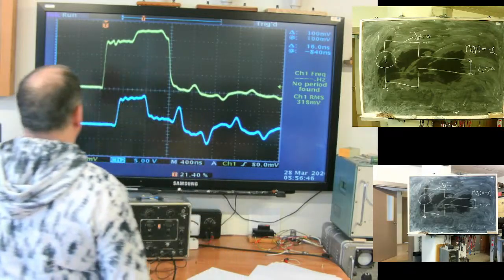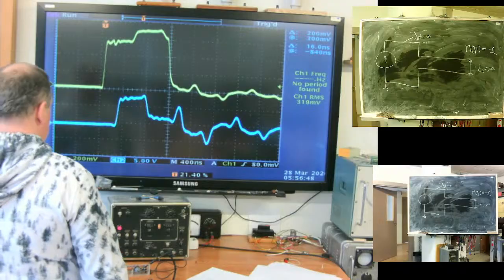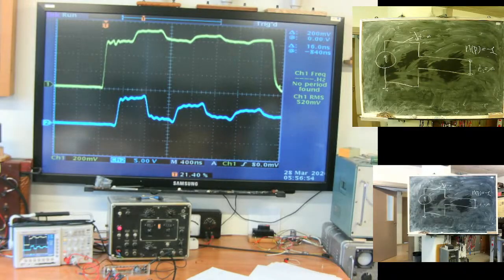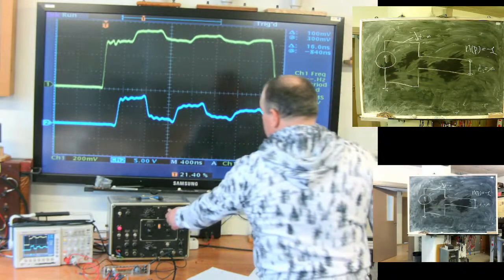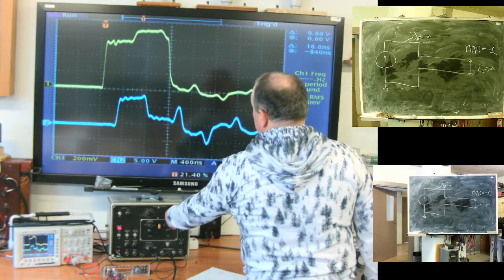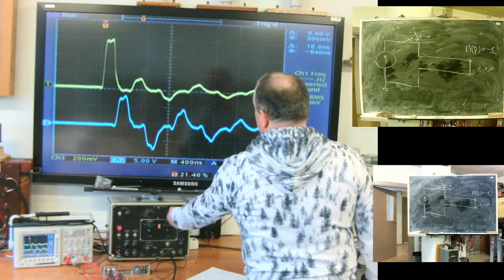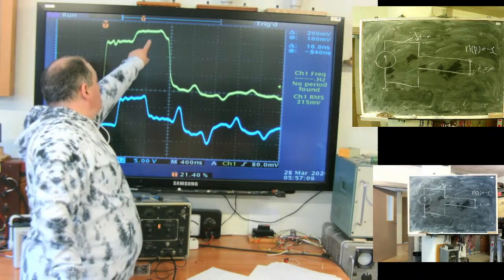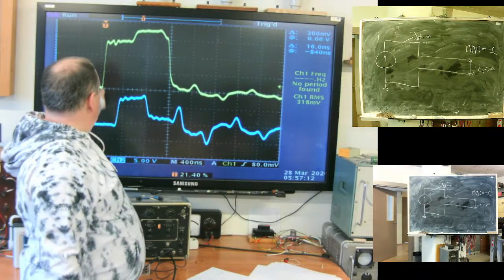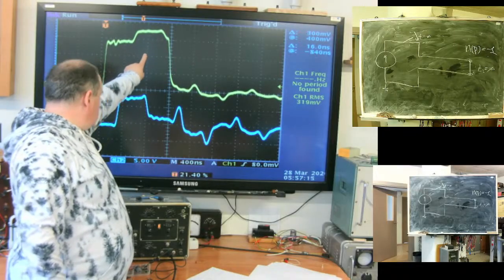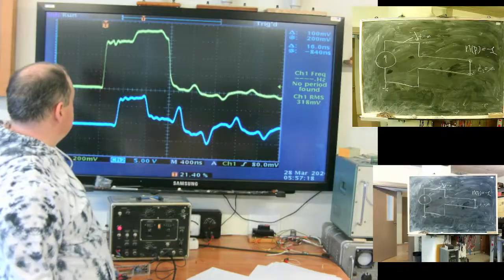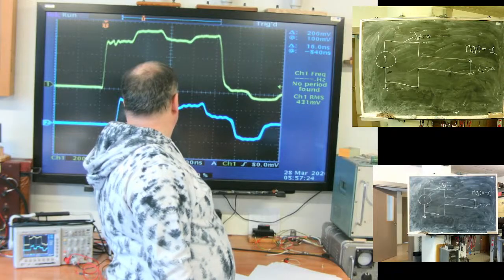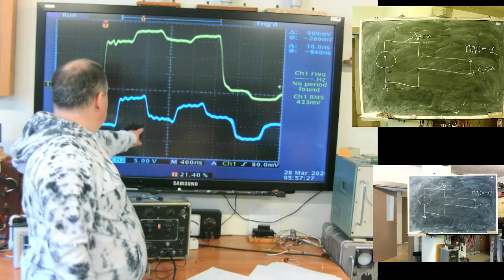In case of a long pulse, it is not so visible here. The wave returns with minus sign, and here double E returns, reaching the end.